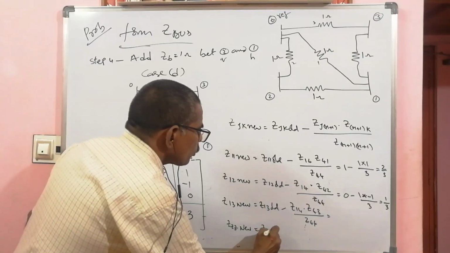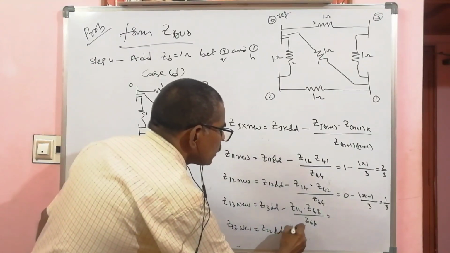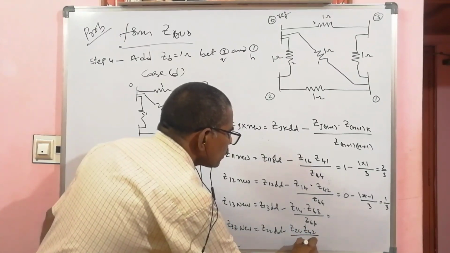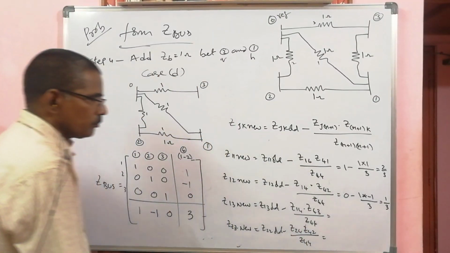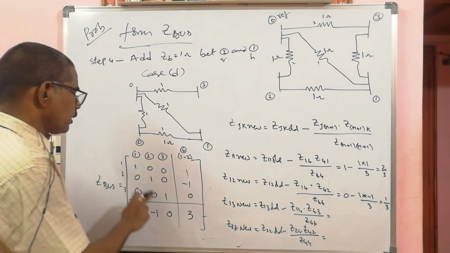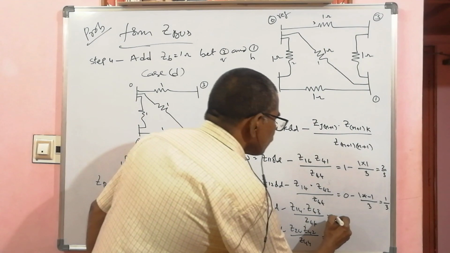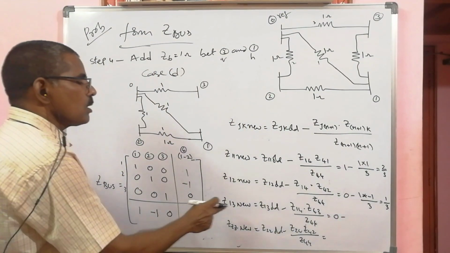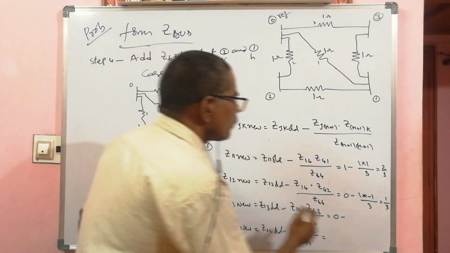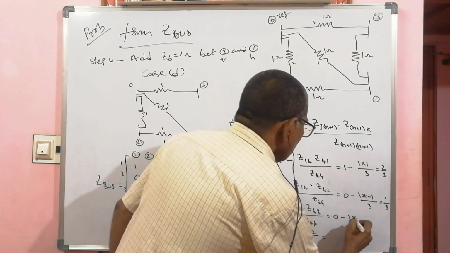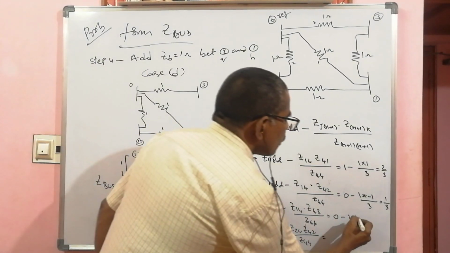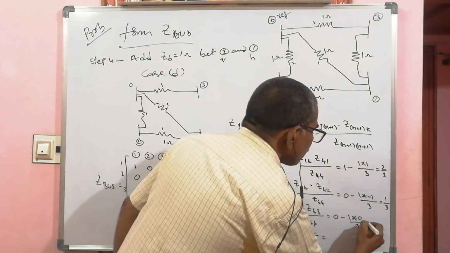Z22 new is Z22 old minus Z24, Z42 by Z44. So these values you will try to substitute. Z13 is 0 minus Z14, which is 1, Z43 is 0, divided by 3, which is 0.